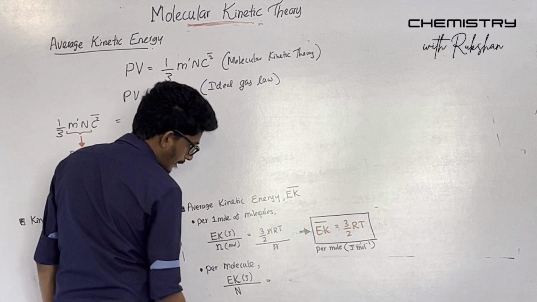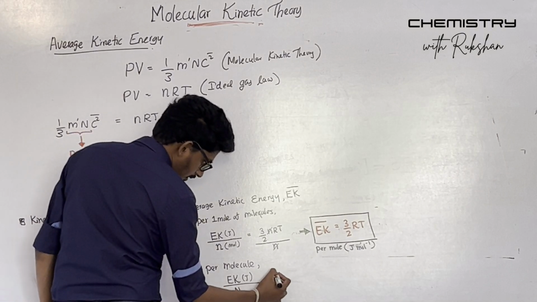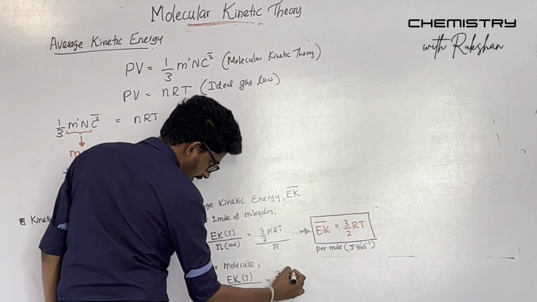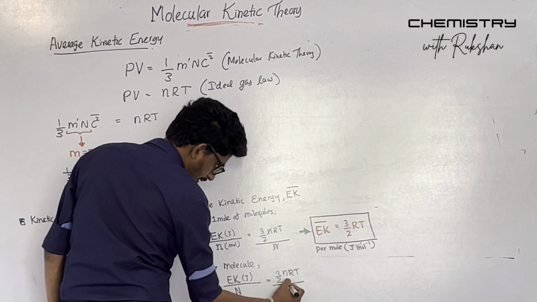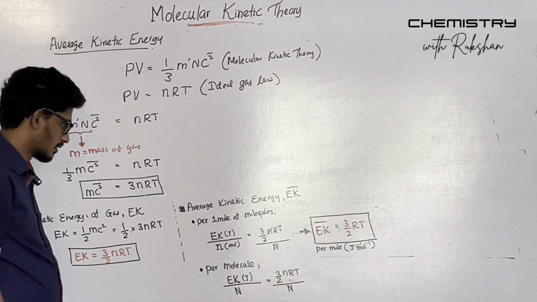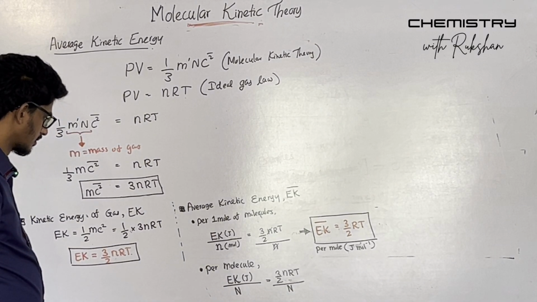So the 3/2 thing is there in RT. You have to divide by it, right?